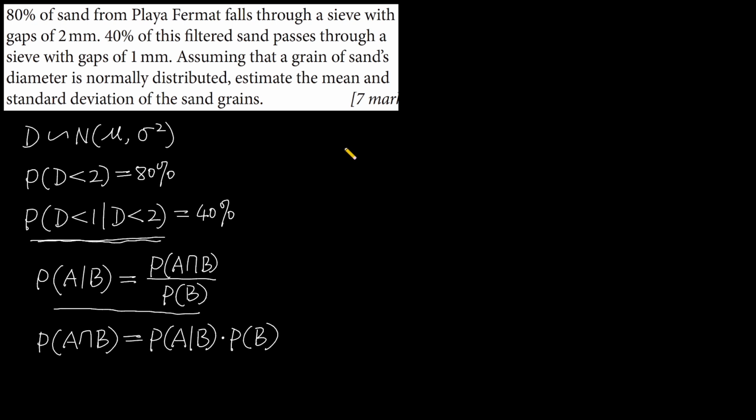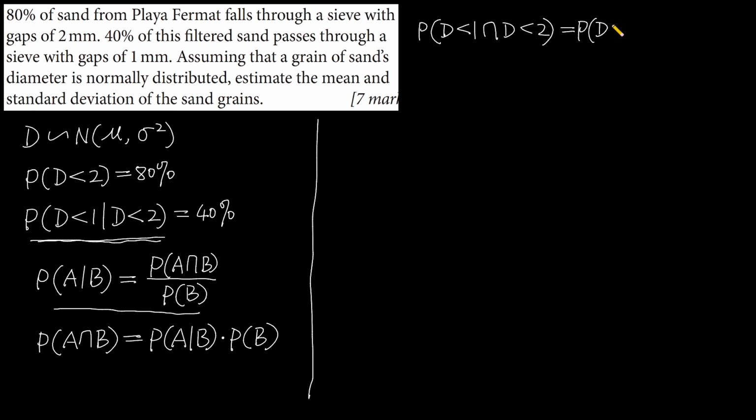We can get the probability of D is smaller than 1 intersect D is smaller than 2. This equals the probability that D is smaller than 1 given D is smaller than 2 multiply probability D is smaller than 2.